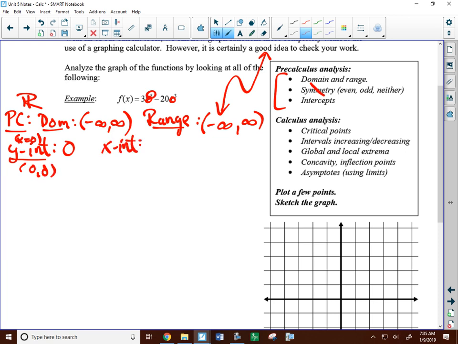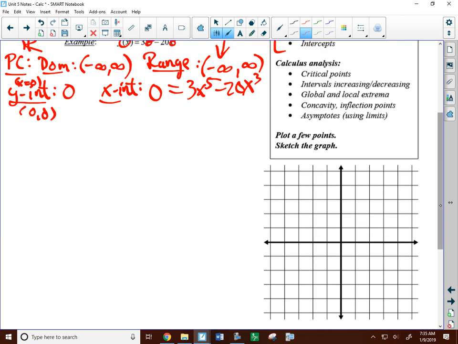Okay, and the x-intercept we did, it was setting the y value equal to 0. So this is setting the function equal to 0: 3x to the fifth minus 20x cubed. Okay, so then we'll solve. I can take out an x cubed, which looks like the most I can take out. So I'll be left with 3x squared minus 20.